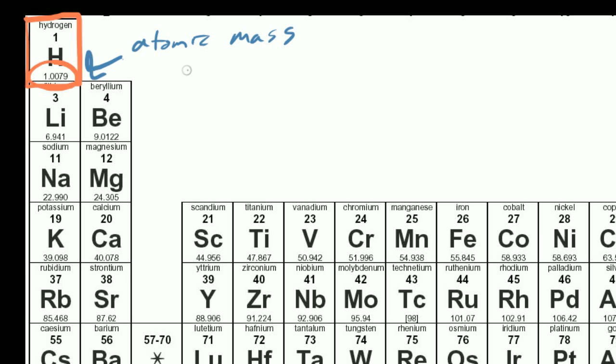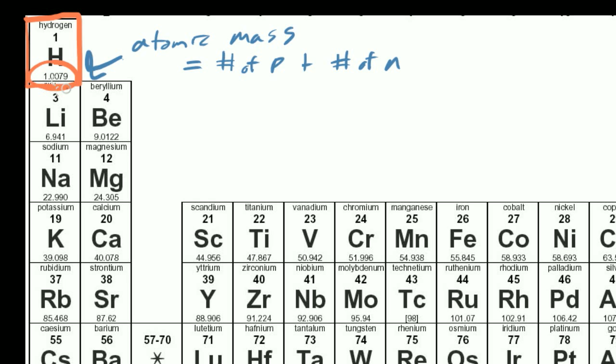And so something might strike you when you first see this, namely, I was telling you that the atomic mass was going to be equal to the number of protons plus the number of neutrons. But it's not a nice whole round number, right? We've got 1.0079.